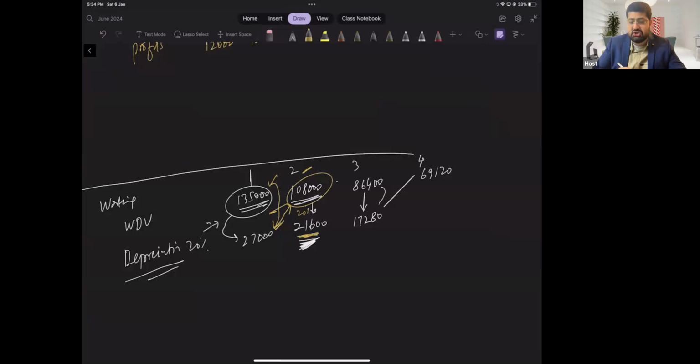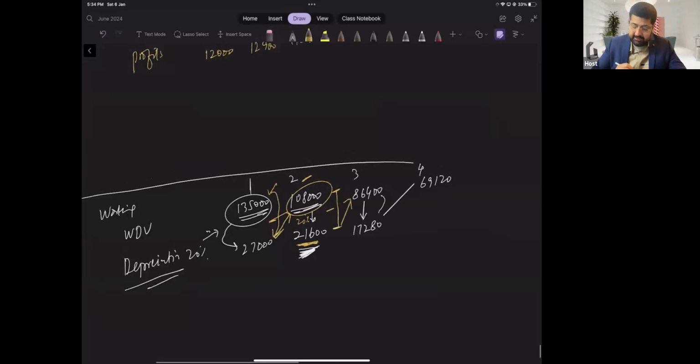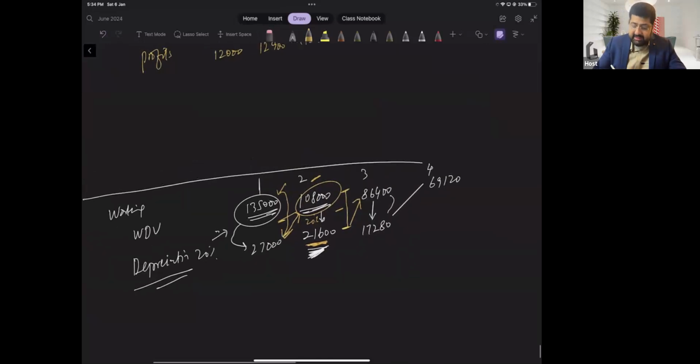This is the depreciation. Now, written down value at the start minus this, it comes here. Then multiplied by 20%. This is the depreciation for the year. Now this minus the year's depreciation, it goes here.